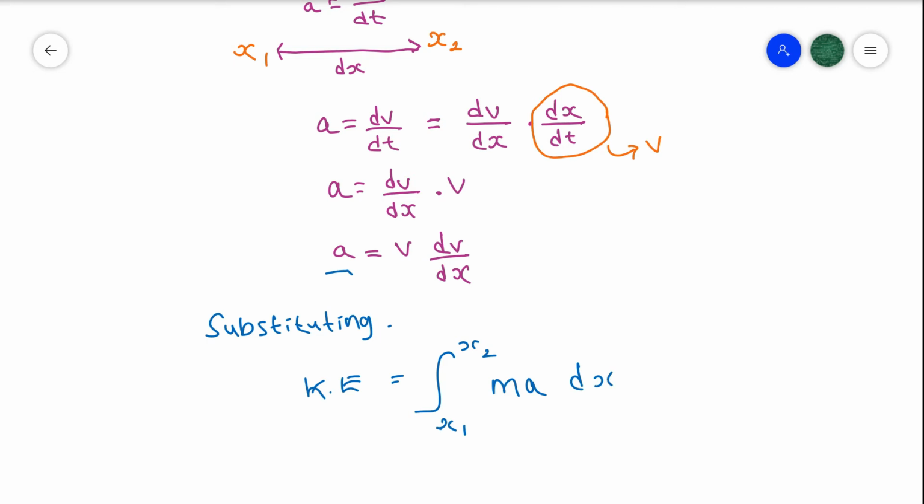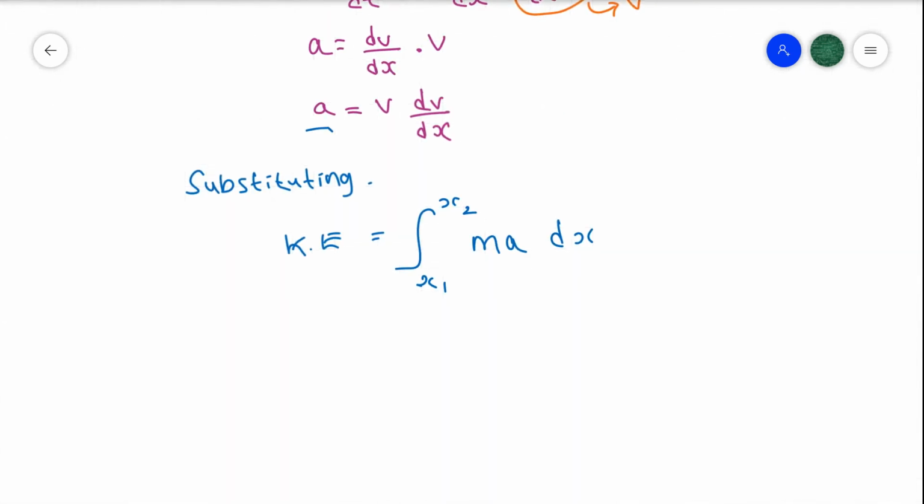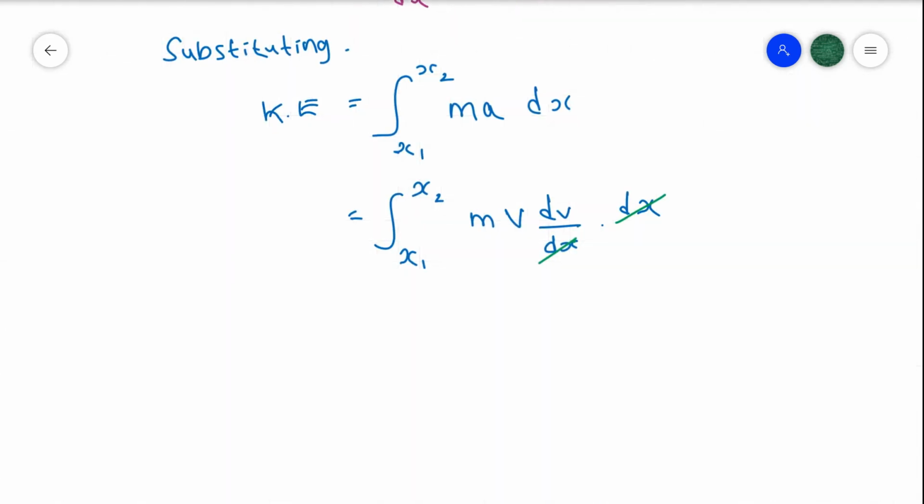Let's substitute the value of acceleration that we obtained from this: integrate from x1 to x2 m v dv over dx times dx. Over here we can see that the dx and dx we can get rid of, and we have now been able to change the equation for kinetic energy to something with respect to velocity, mv dv.